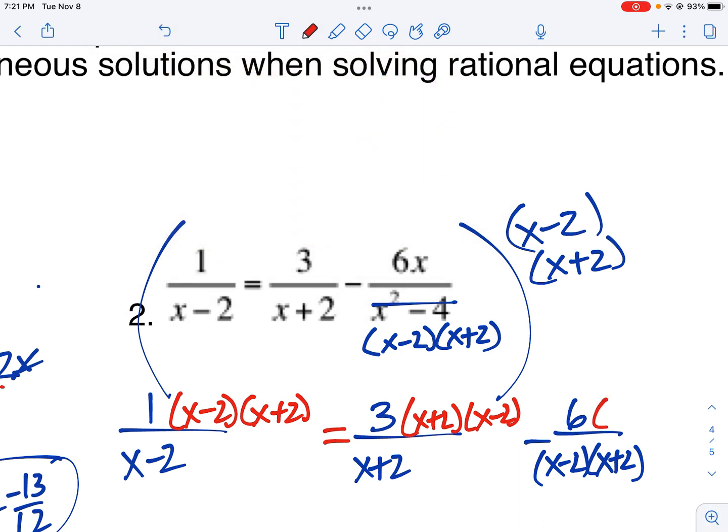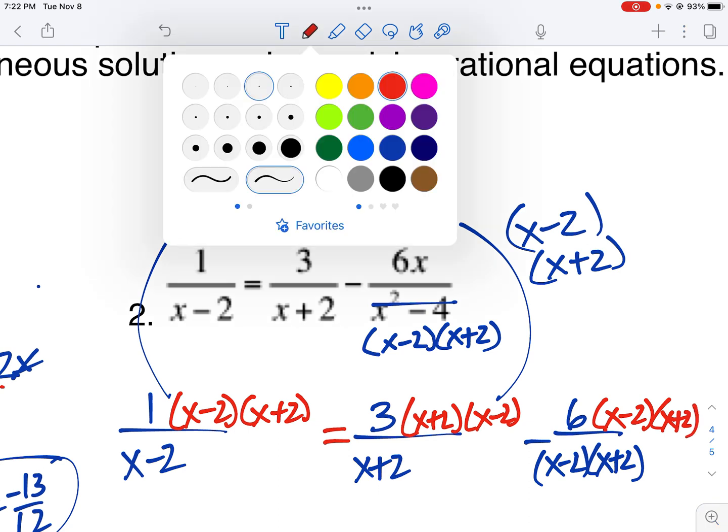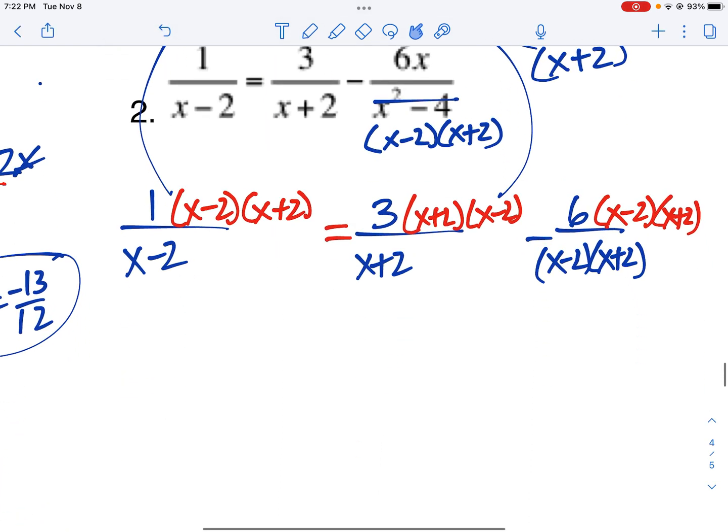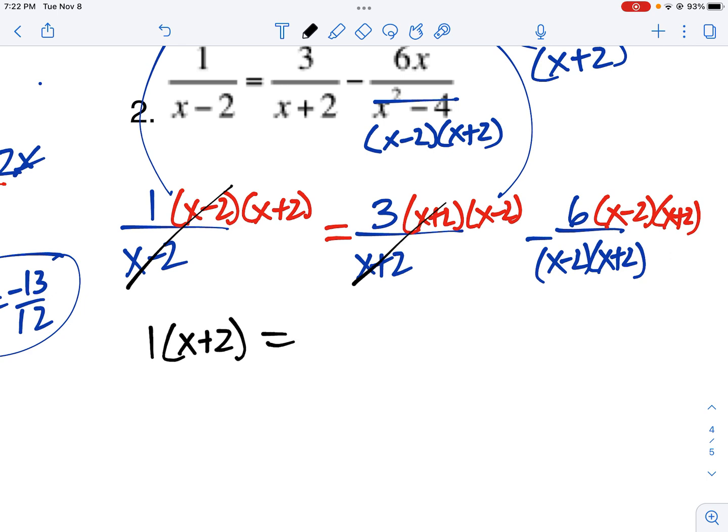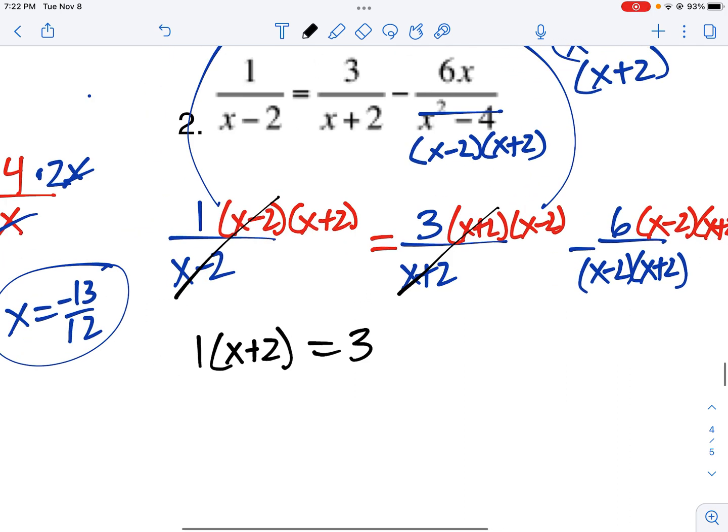And then the numerator, x minus 2, x plus 2. All right, so what reduces out here? X minus 2, so it's 1 times x plus 2 equals 3 times x minus 2 minus 6.